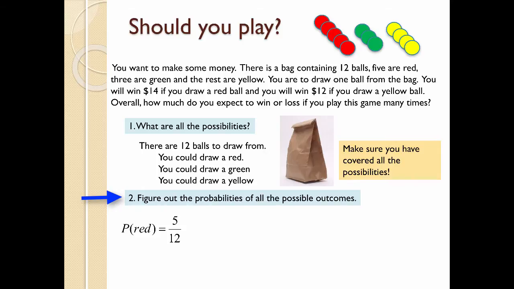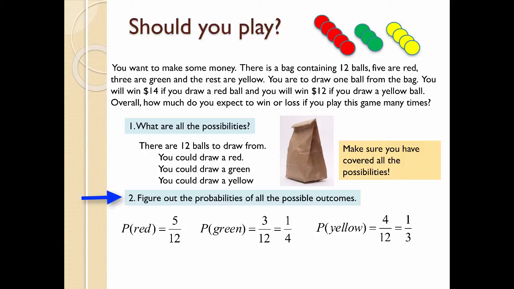There is a probability of 5 out of 12 that you'll draw a red ball. So you had 12 balls total, and 5 of them are red. So 5 out of 12. The probability of drawing a green ball, there's 3 green balls in the bag out of 12. So 3 out of 12, and you can reduce that to 1 out of 4.